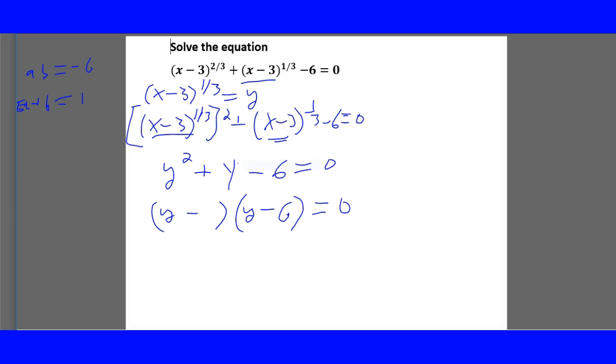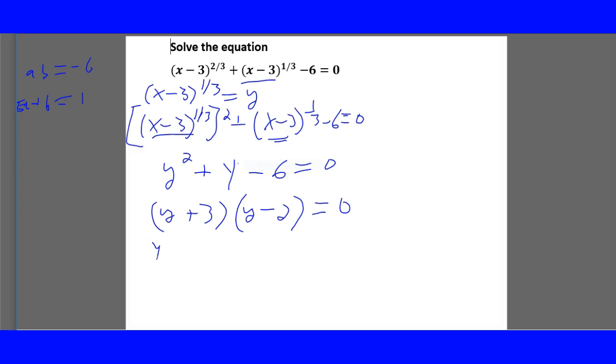That works with 3 and 2: we need a plus 1, so the 3 needs to be positive. As you can see, positive 3 times -2 gives you -6, and 3 minus 2 gives me plus 1. So our factorization is correct there.